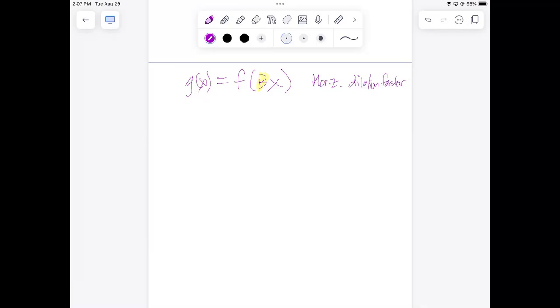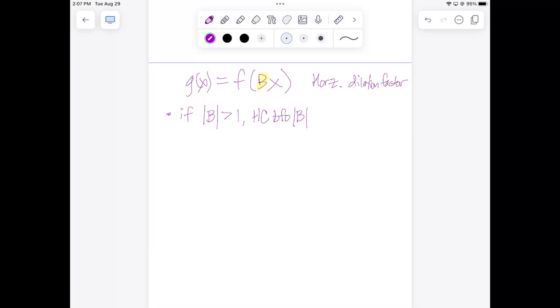Okay, stretch or compression, stretch or compression. We have the same kind of criteria. If the magnitude of B, because it could be negative, is greater than 1, this is going to be a horizontal compression by a factor of B.